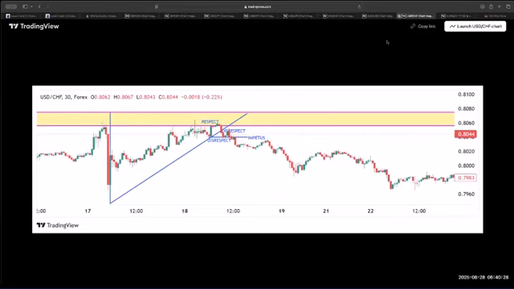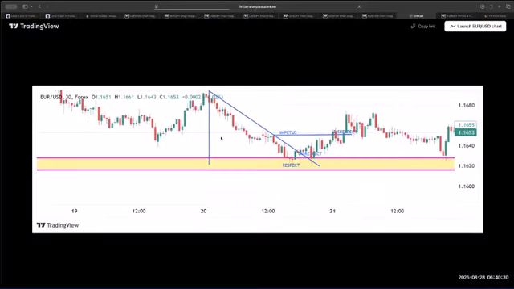This looks good. Impetus would be a little higher on this. So if we look, this was the low, right? And we went up and did this.